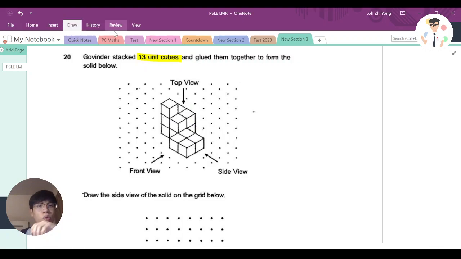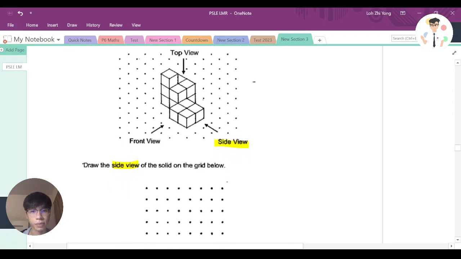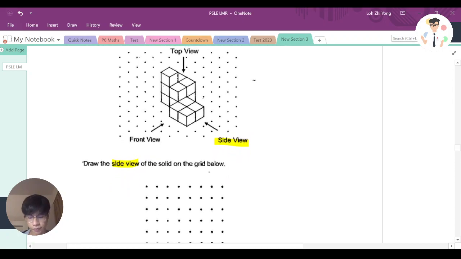And now we are supposed to get the side view. The side view is here. Okay? That means we need to think and draw here. Let me just scroll down. As you can see, this will be the left one. Left, 1, 2, 3. So at the bottom, I should have 3.